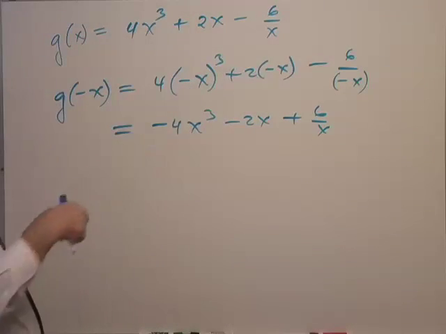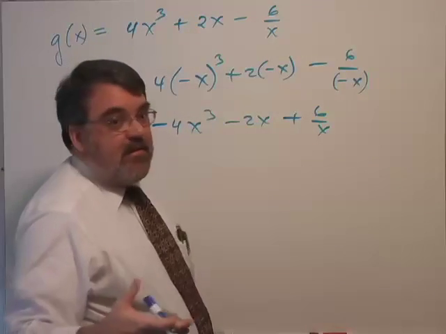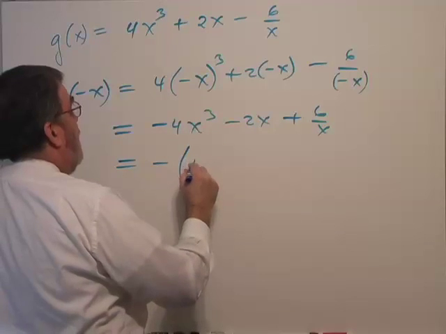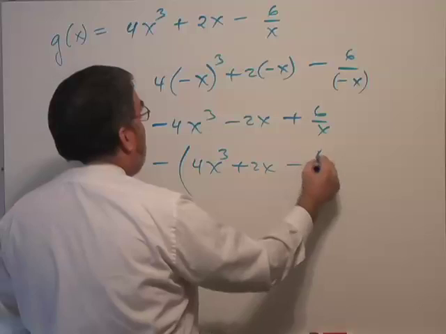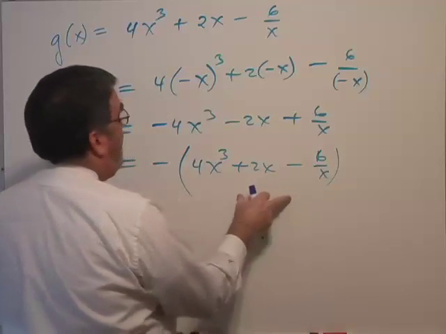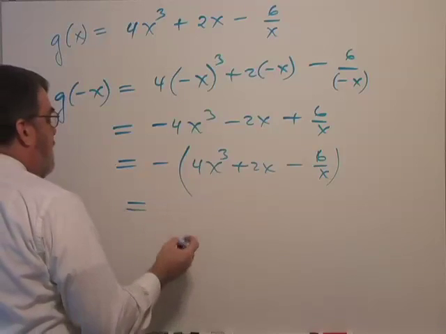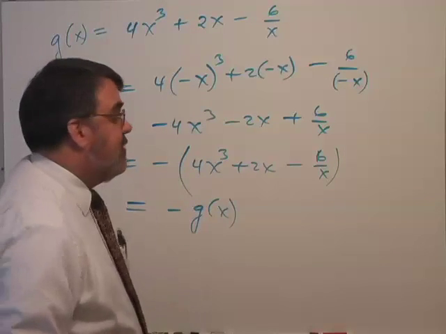So if you compare these, how do they compare? Well, all the signs are opposites, which means that if I factor out a negative, I would get positive 4x cubed plus 2x minus 6 over x. And this exactly matches the beginning function, so that's the negative of the original function, g of x.